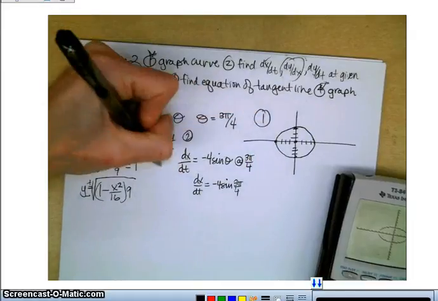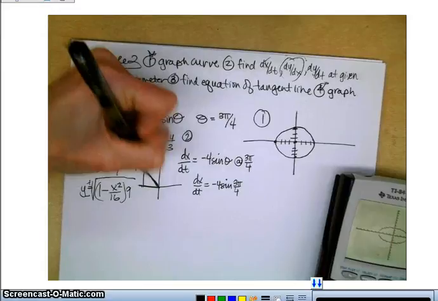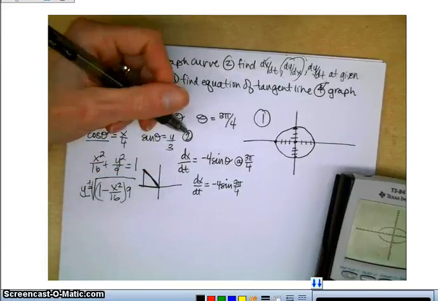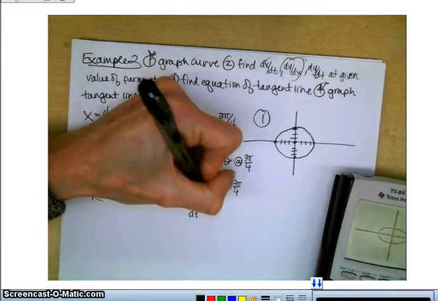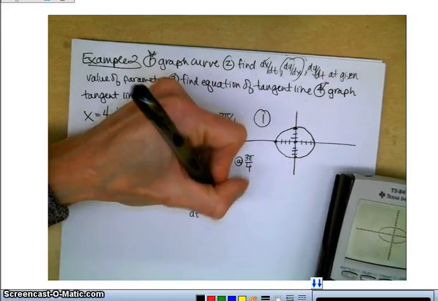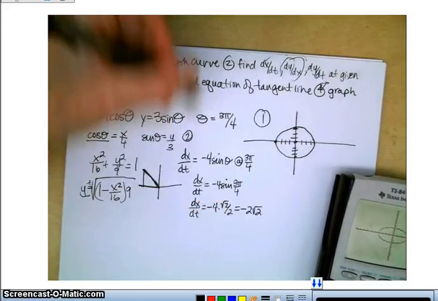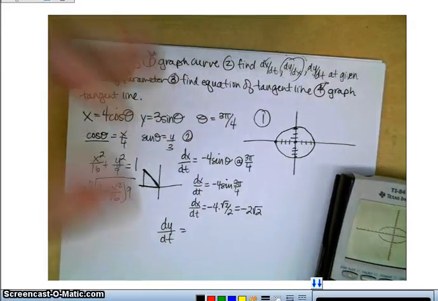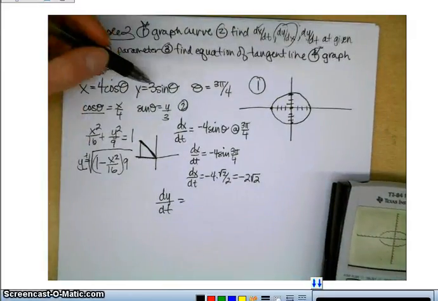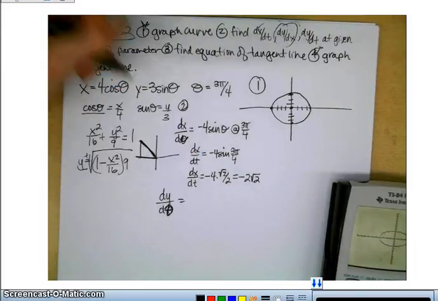Well, 3/4 pi is over here, cosine comma sine. That's going to be a positive radical 2 over 2. So dx over dt equals negative 4 times radical 2 over 2, so negative 2 radical 2. All right, now we want to find dy over dt. So the derivative of y, and actually these are d thetas if we want to be real specific instead of dt's.